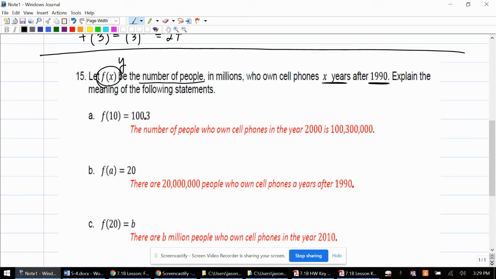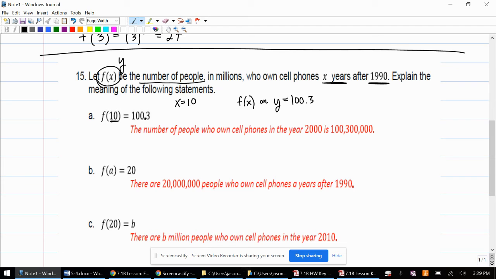So that would mean then the way that we got this answer was basically just kind of thinking about this, interpreting this, not necessarily doing any insane number crunching. So 10 is my input. That's my X. So for this one, X is 10. And f of X, or Y, is 100.3. But you can see the answer didn't necessarily have those exact values.